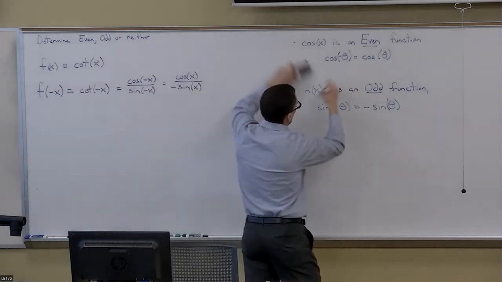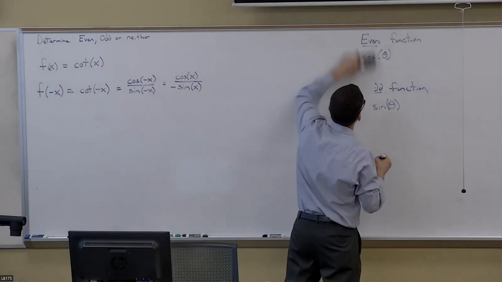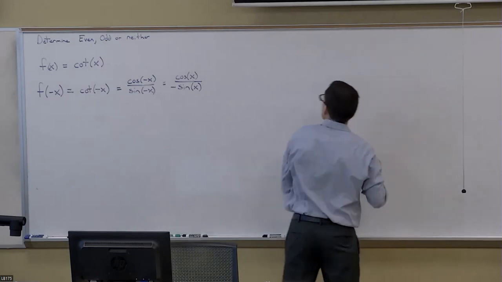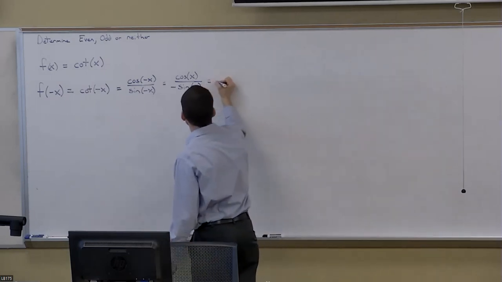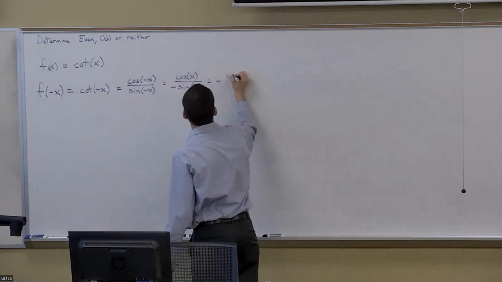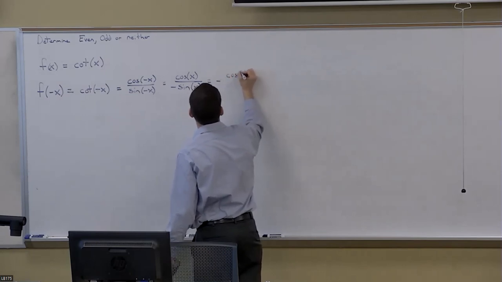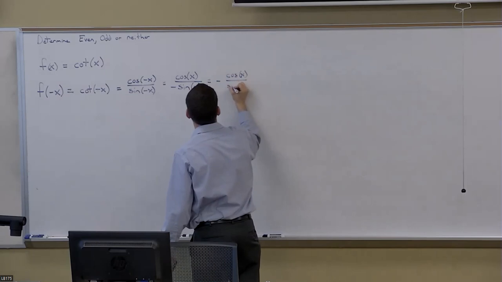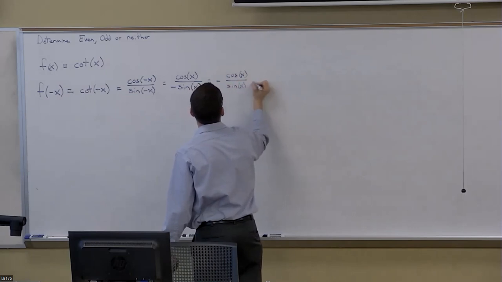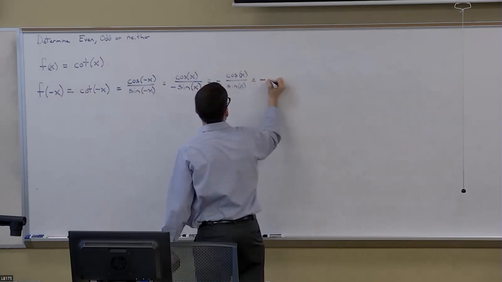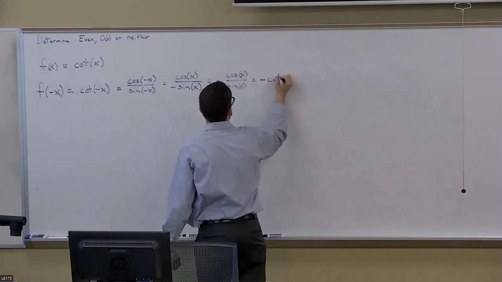So just based on those two things, that is negative of the cotangent of x.